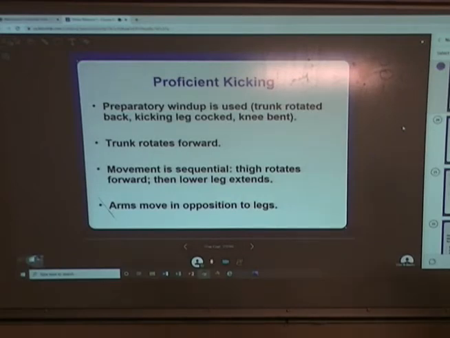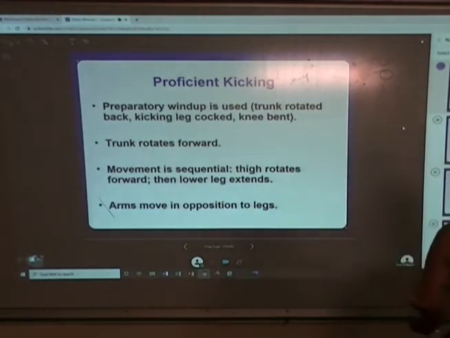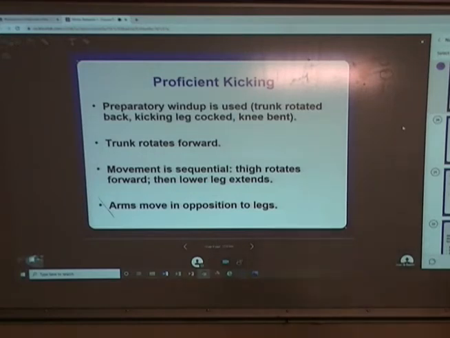So sometimes you'll see a run-in and there's almost a leap. If you watch a really elite soccer player, there's almost a leap into the kick. So that's something to look for. That's an instance where leaping transfers into a sports skill. We want full range of motion at the hip, okay?